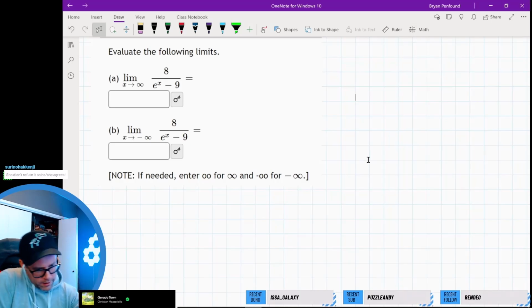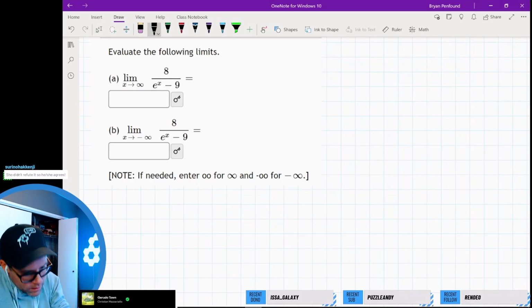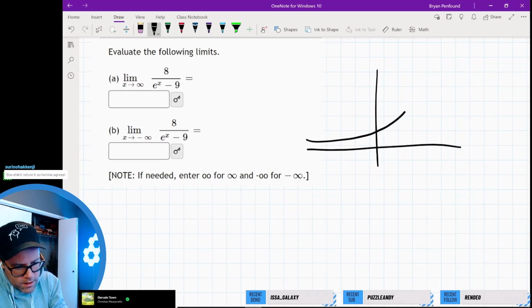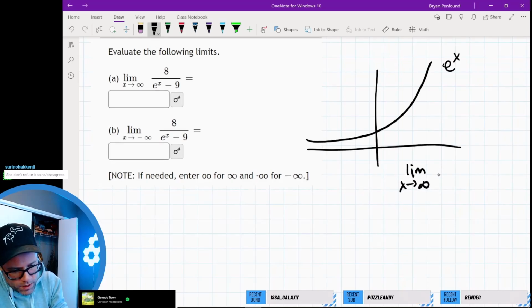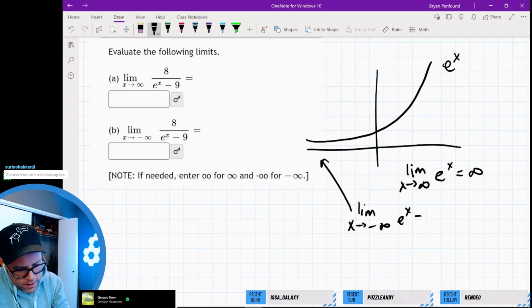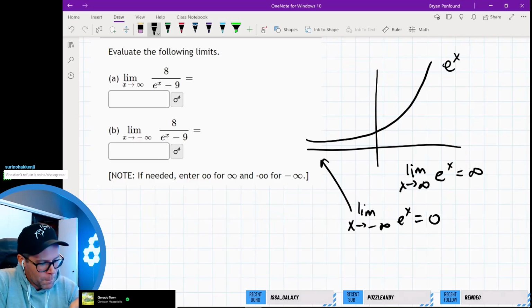Oh, wait a second. So let's observe a couple things. This is the exponential function, e to the x. So the limit, as x gets really big, of the exponential function is pretty big. However, the limit, as x gets really big and negative, of e to the x actually tends towards 0, doesn't it?